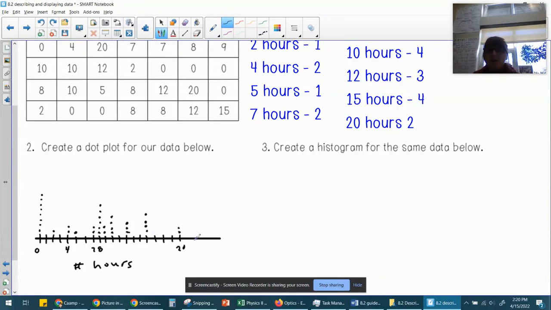Cool. So it's a little tedious when we have lots of data, but there are 35 dots that represent 35 people, and that is a dot plot.